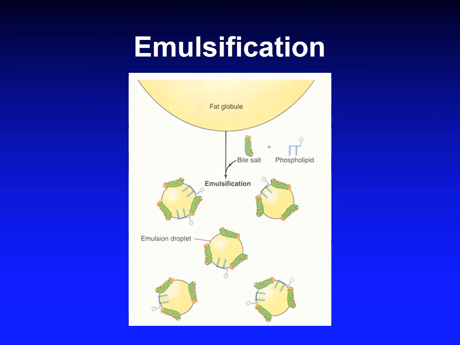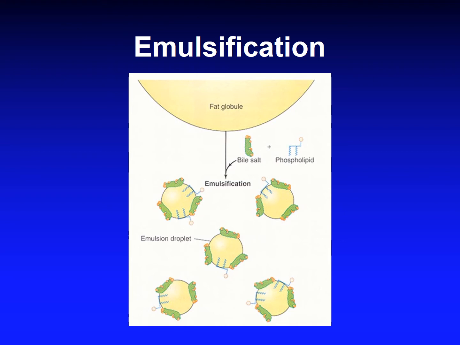This gives hydrophilic properties to the fat. Now fat does not stay hydrophobic. It starts to become hydrophilic, and that is when the lipase starts working on it. When the bile acid or bile salt with the phospholipid is attached to the fat droplet, now lipase can act on the fat droplet to digest it and to break it.